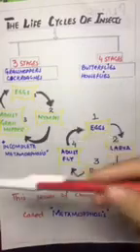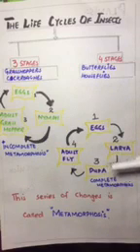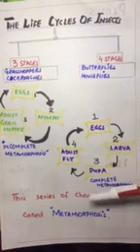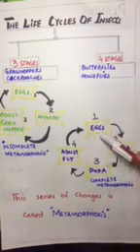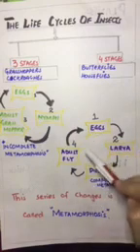The four stages are number one eggs, number two larva, number three pupa, and number four adult.